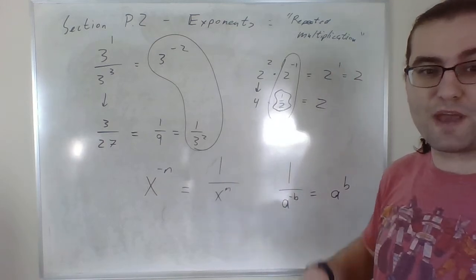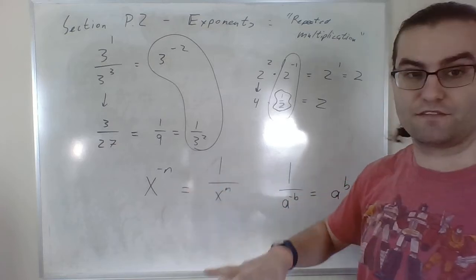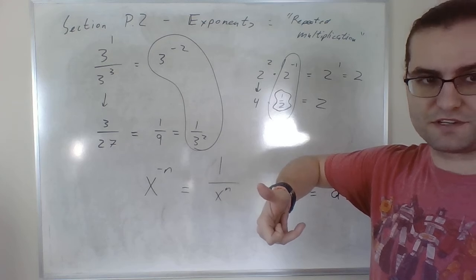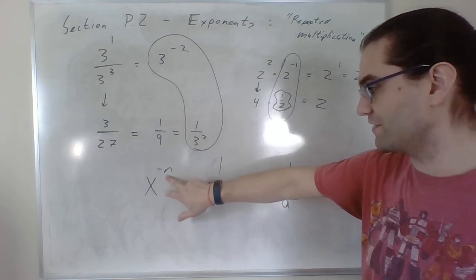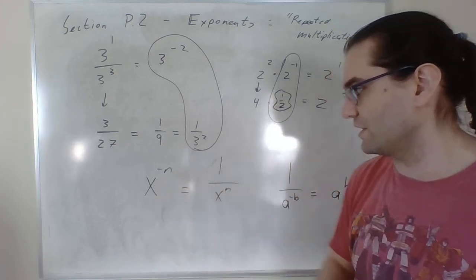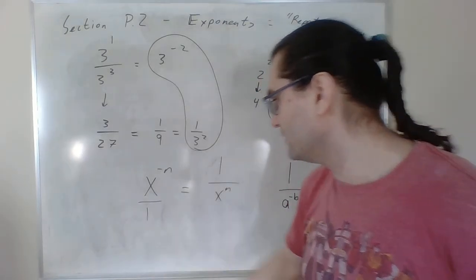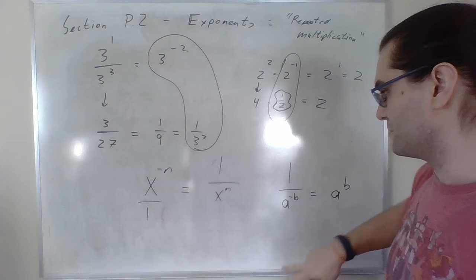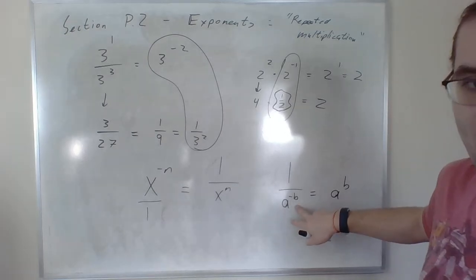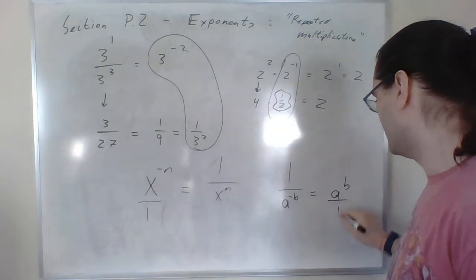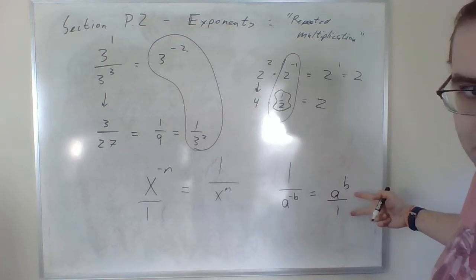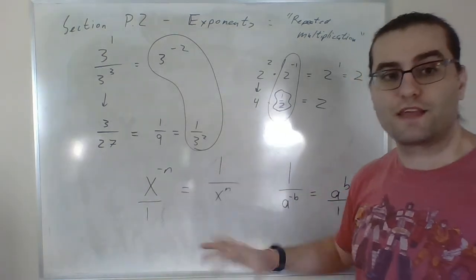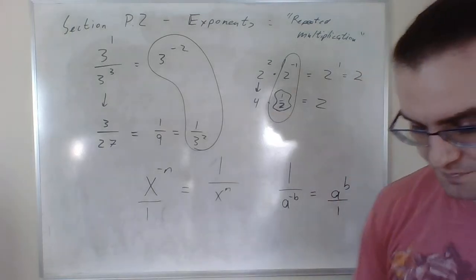So I think maybe the better way to think about negative exponents is flip it into the other position. If you have negative exponents that are by themselves or on top of something, flip them into the denominator with a positive exponent. If you have negative exponents that are already in the denominator, flip them into the numerator with a positive exponent. That's how negative exponents work.